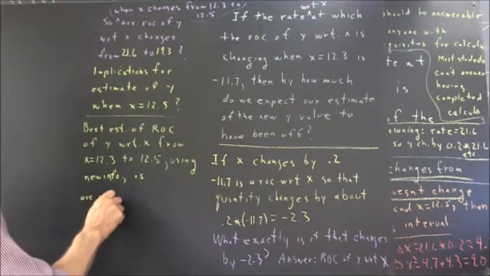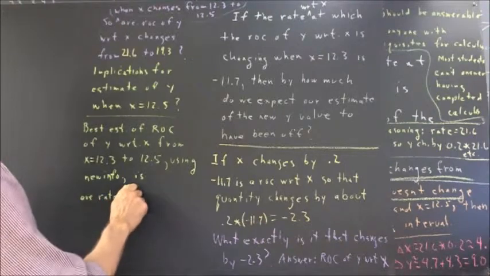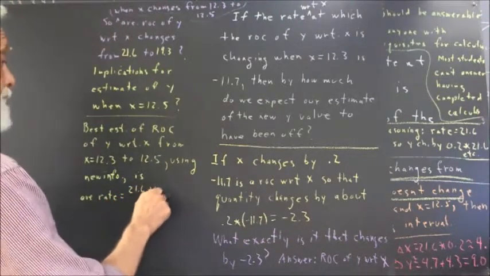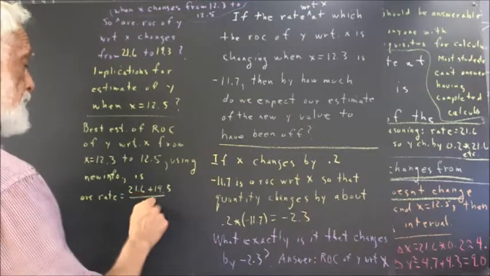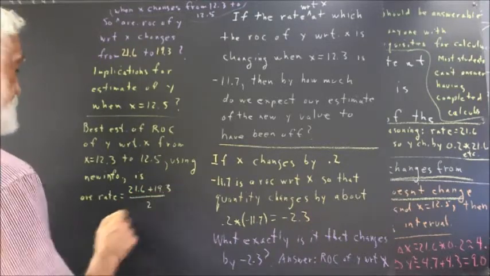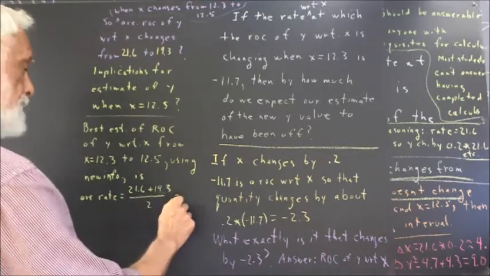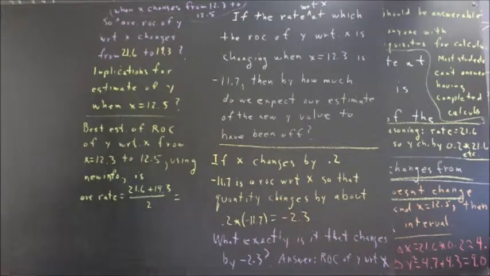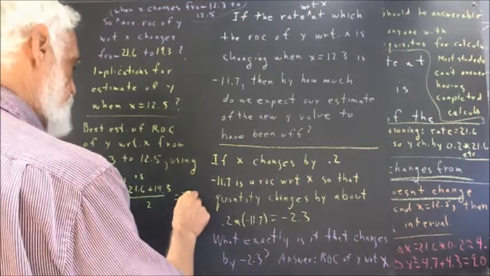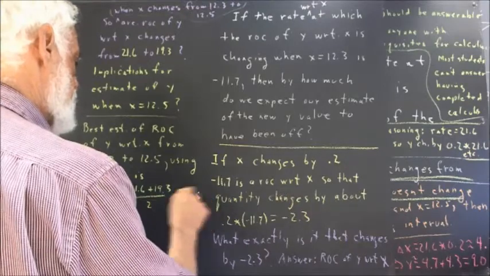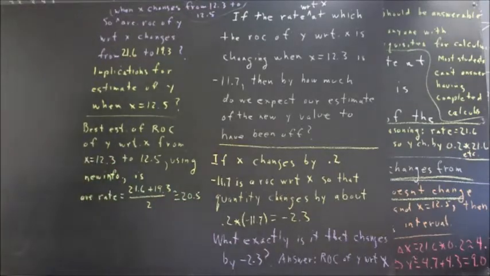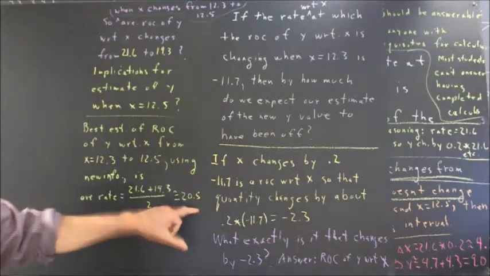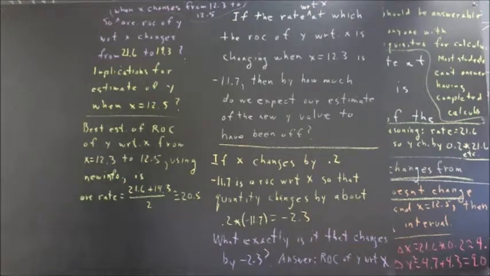So the average rate equals 21.6 plus 19.3 divided by 2, and that's going to be 20.5. It's actually, I believe, 20.45, but rounding up, we'll use 20.5.